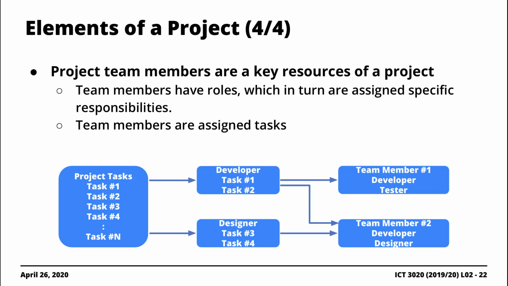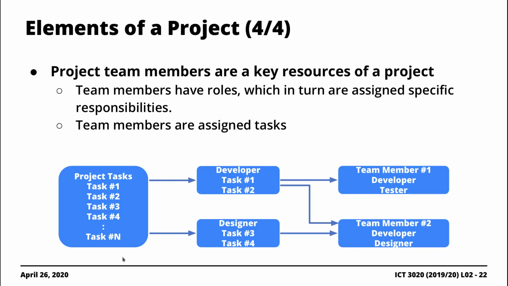Once you form these teams, the individual team members, who are human beings, will be assigned specific roles associated with the project. These roles would ideally be mapped onto different functions that need to be performed for the project to be successful. Those roles would be assigned responsibilities, so things that they would be expected to do. Then the team members would be assigned the roles, and then team members would be assigned tasks that are linked to the roles.